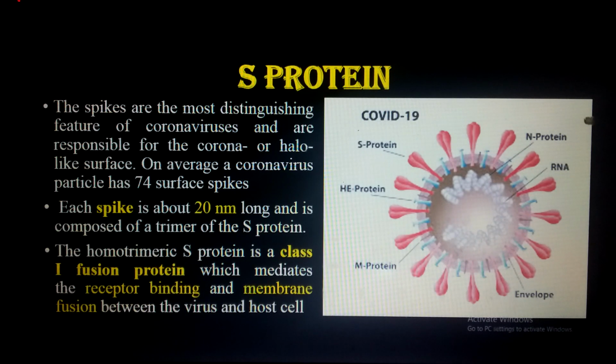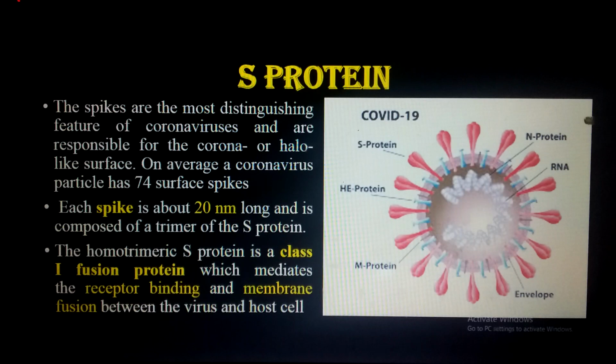Is it clear now? About 74 surface spikes are present in coronavirus 2 or COVID-19, the size of each spike is almost 20 nanometers, and they belong to the class 1 fusion proteins.